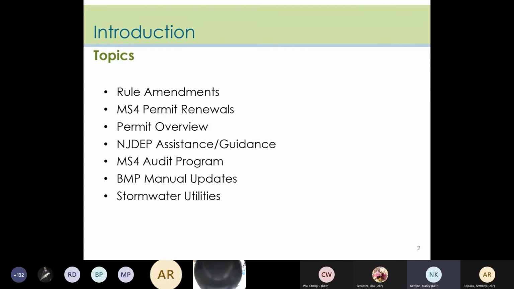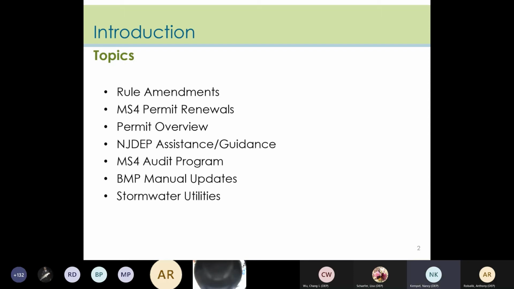This is just a closing presentation where we're going to go over some other activities and programs that are going on in the stormwater permitting world in the department.